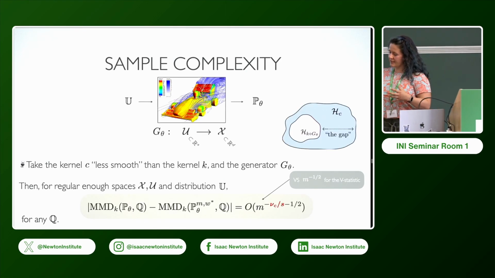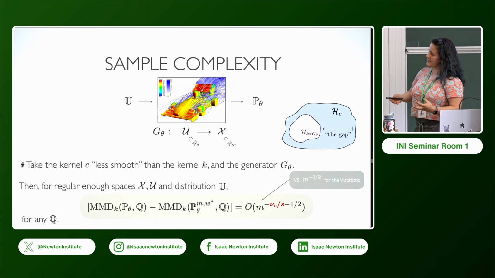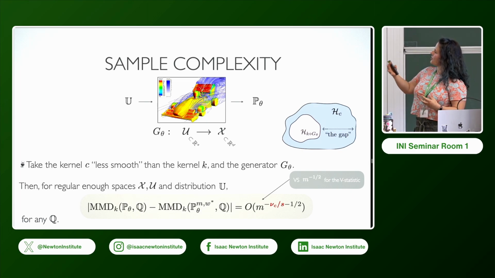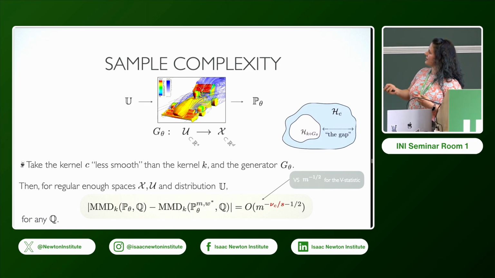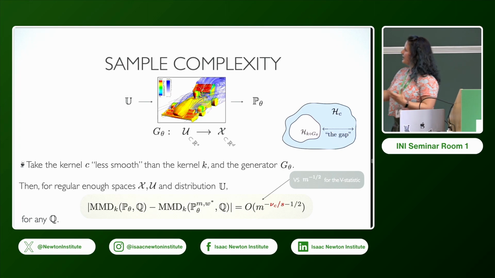And with these optimal weights based on an additionally introduced kernel, we can show that this new estimate for the kernel mean embedding leads to a new estimate for the MMD.